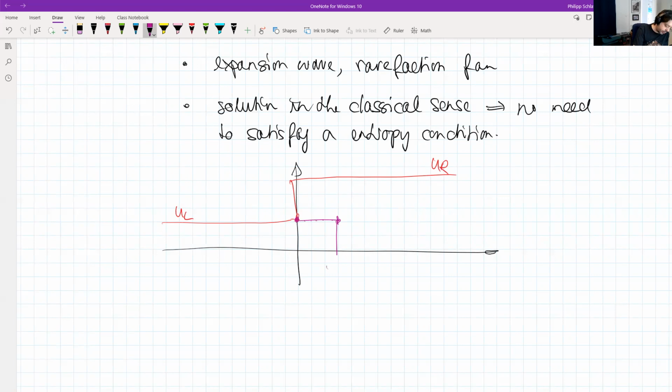So this point travels with the speed of UL. This point here travels with the speed of UR, so with a faster speed, up to that point perhaps.